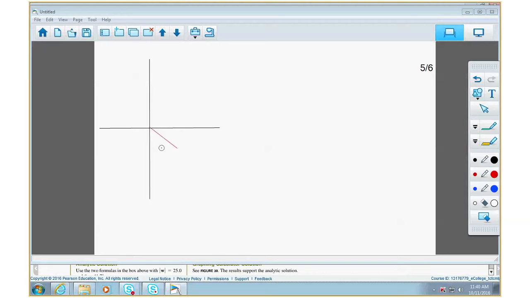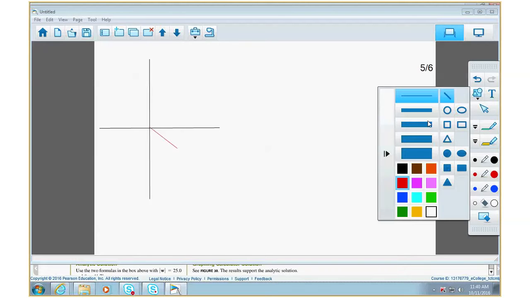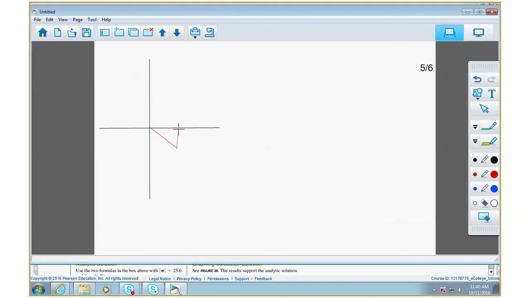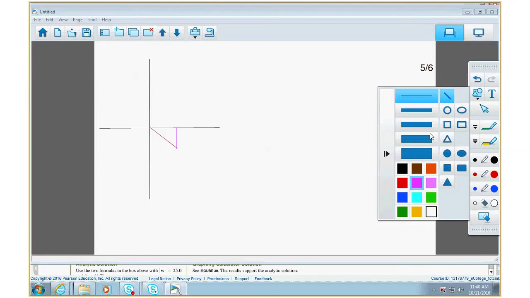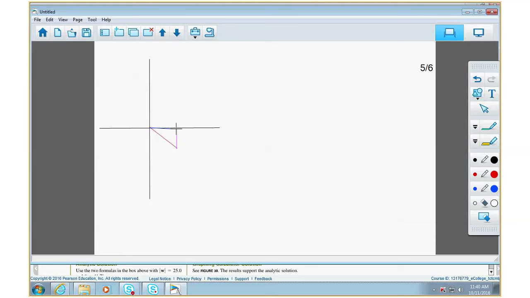So that means you're going to drop a straight line down. I'll do this in magenta. And then blue is that line right there. So now that they've given us the hypotenuse, u is equal to (3, negative 2).